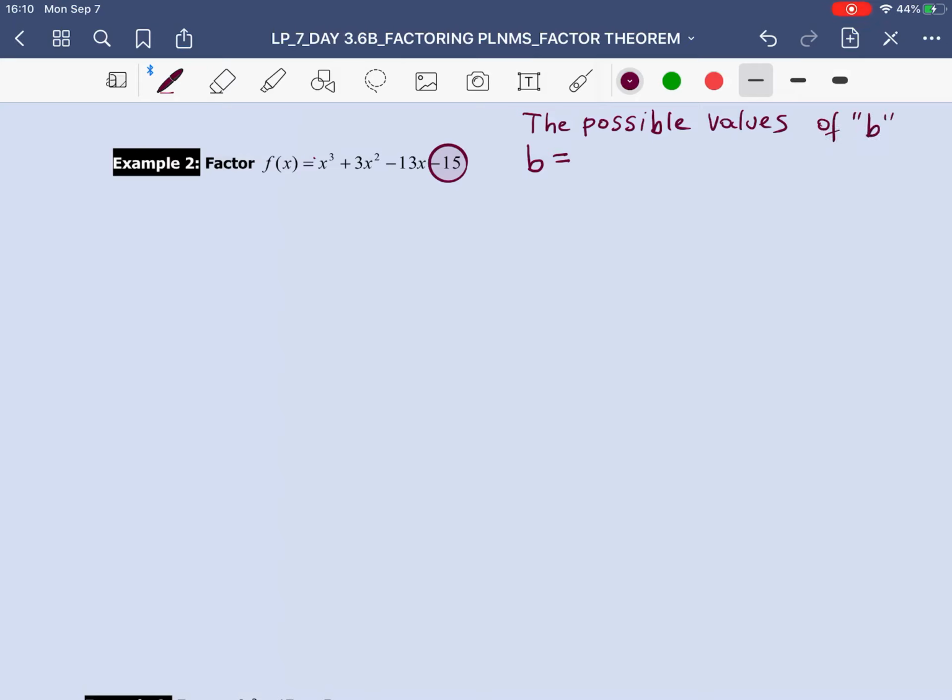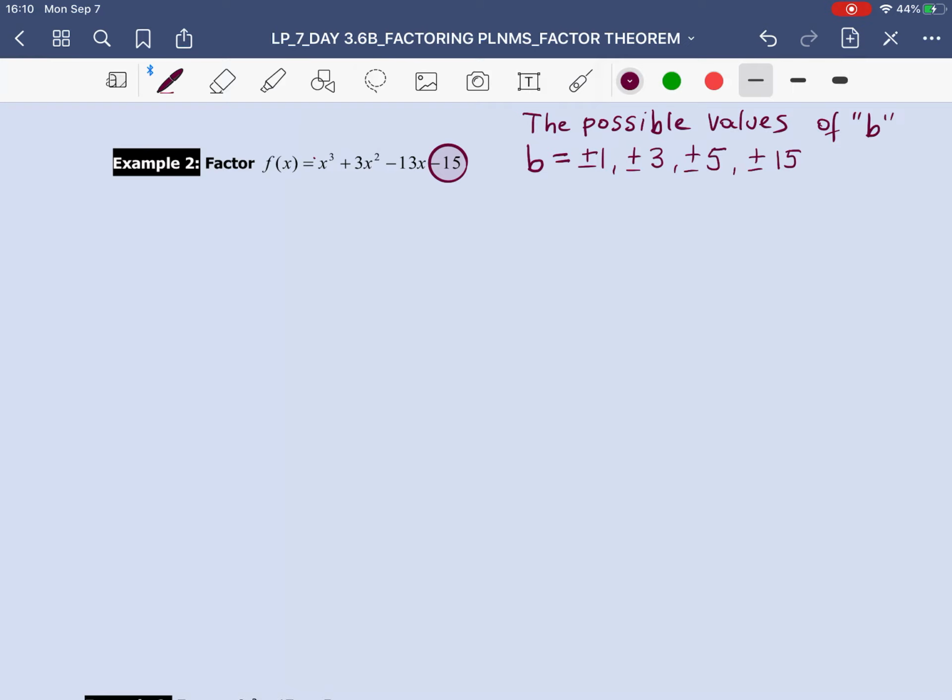You should too if you like to take notes when you are learning a lesson, but normally you don't really have to write the whole statement here, the possible values of b. It's understandable. So since the constant term is negative 15, then we have plus minus 1, plus minus 3, plus minus 5, and plus minus 15.